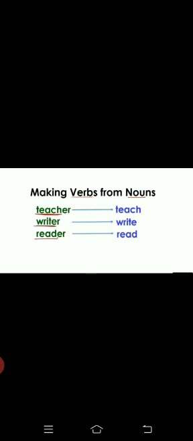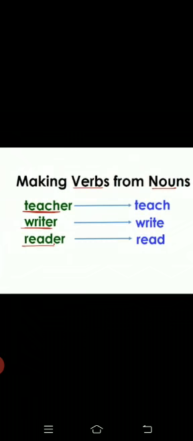Now, a few nouns are used while making a verb, like teacher. It's a noun. If I want to make a verb from it, it becomes teach. Writer becomes write, reader becomes read. Fine, these are a few nouns that we can make into verbs as well.